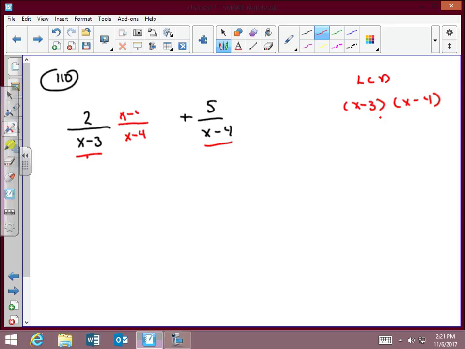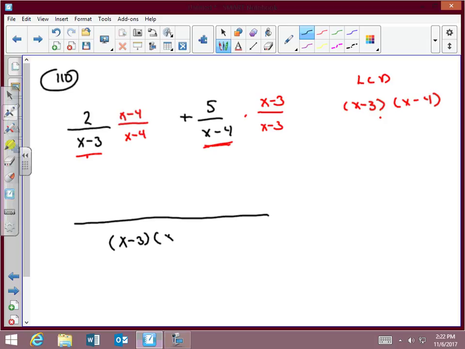And you go x minus 4 over x minus 4. You look at this denominator, it lacks an x minus 3. So now both denominators have an x minus 3 times x minus 4 in it.